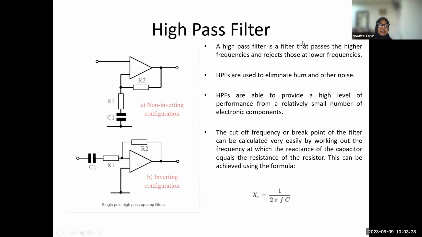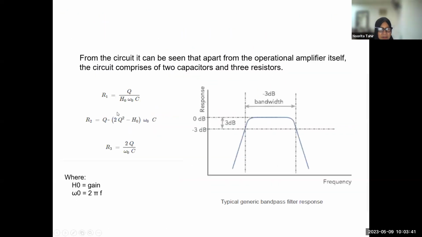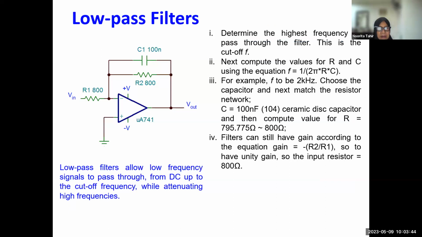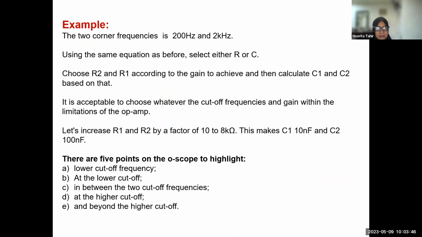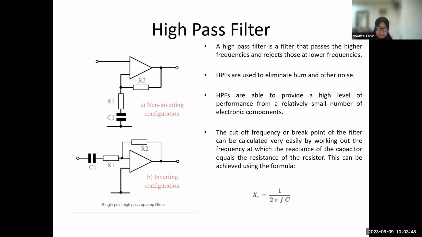This is the configuration of a non-inverting high pass, where you can see the resistor and the capacitor are in series. Just now, for low pass filter, you saw it in parallel, but this one is in series.